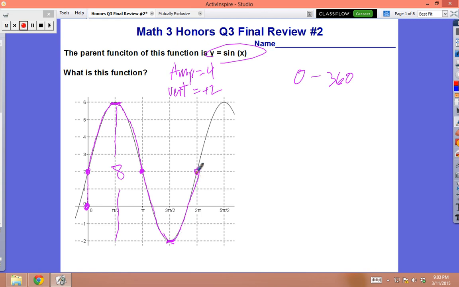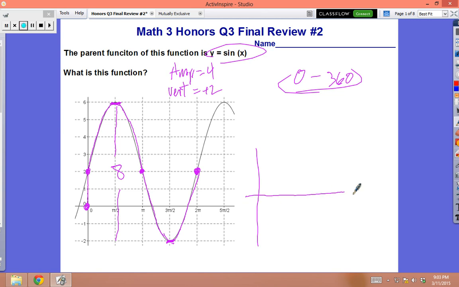Right there, that is one period, and it went from 0 to 2 pi, which is 360. So the period did not change. Period is still 360.